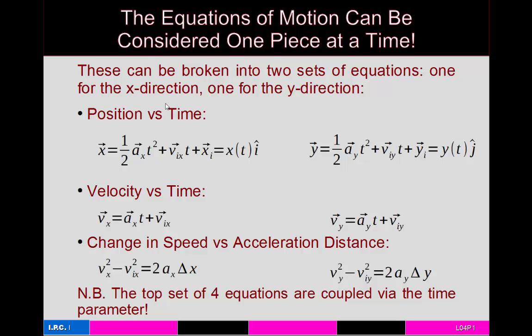And each set basically represents one one-dimensional motion. They end up being coupled because they all share this one parameter, time. But other than that fact, you have the same equations that you've already been dealing with in one-dimensional motion.